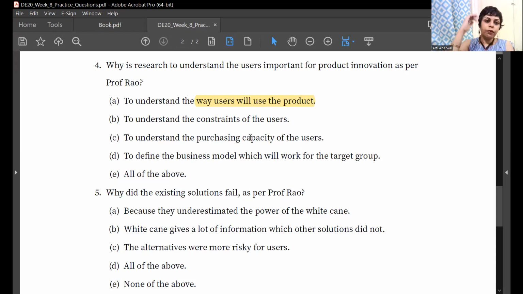So if we understand the basic fundamental idea of how people are using the product, we can actually come up with a device which carries all the good qualities of the existing product and makes it better.